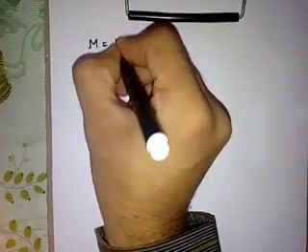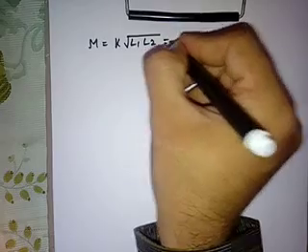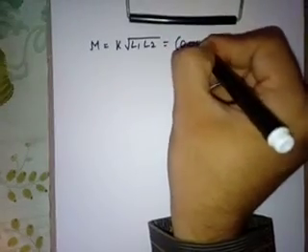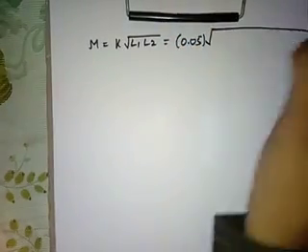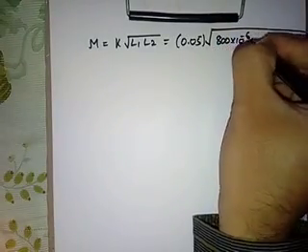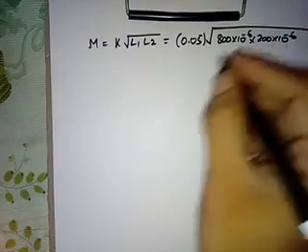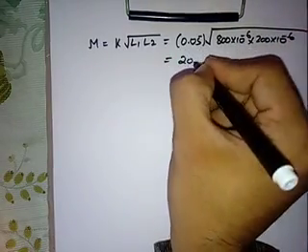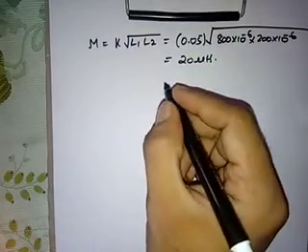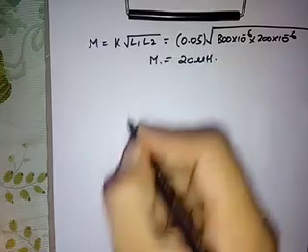Mutual inductance is given by M is equal to K root of L1 L2, that is 0.05 into square root of 800 into 10 raised to minus 6 into 200 into 10 raised to minus 6. So this comes out to 20 microhenry. So we found the value of M.